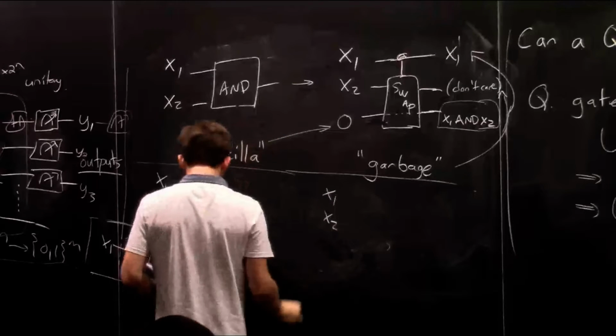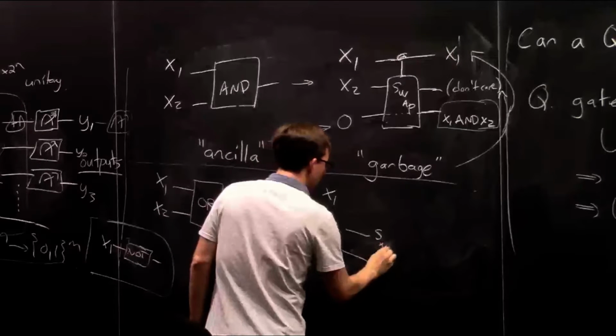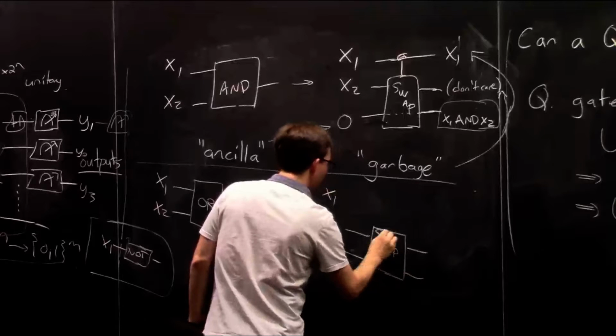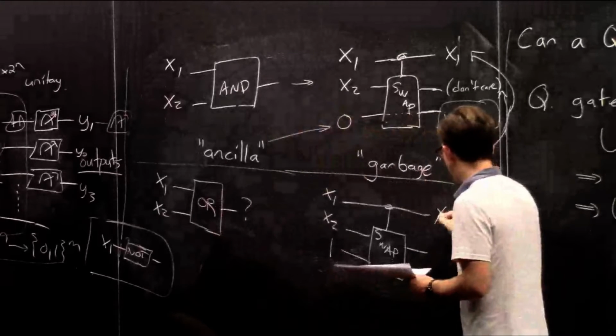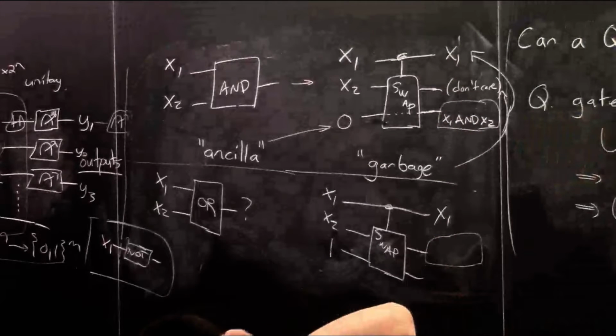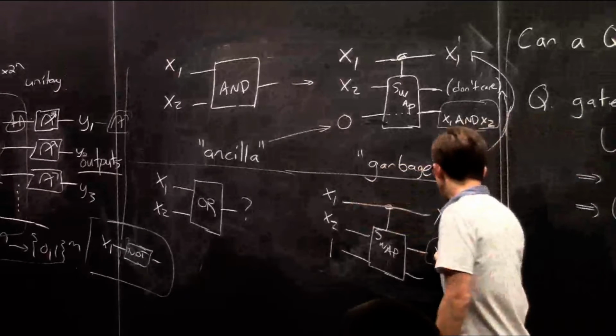So you have x1 and x2, and this time you make your ancilla 1, and then you do this. Of course x1 comes through here, and now the key is to look at this output. I'm claiming that it's x1 or x2.